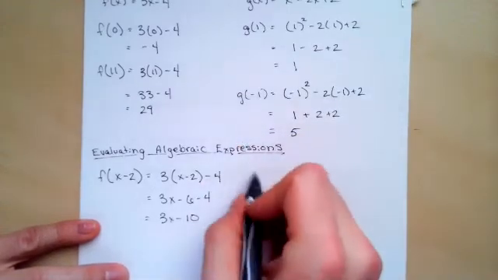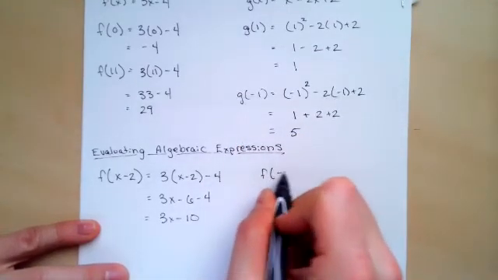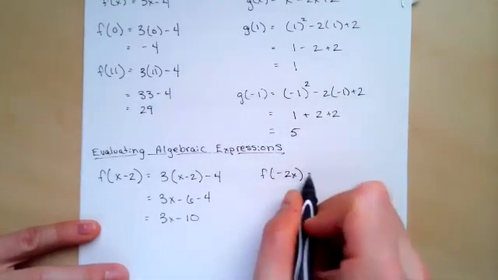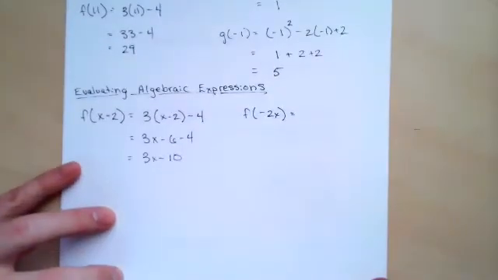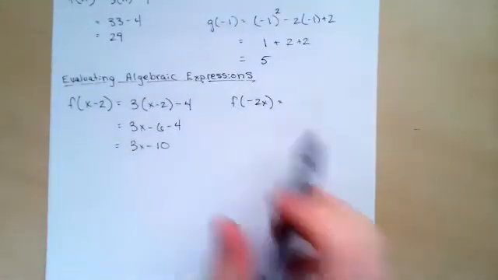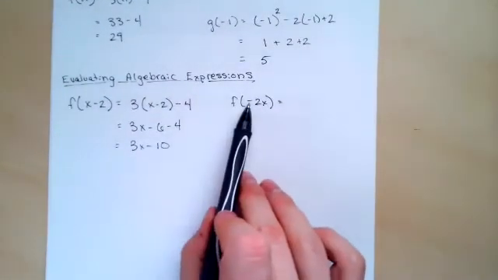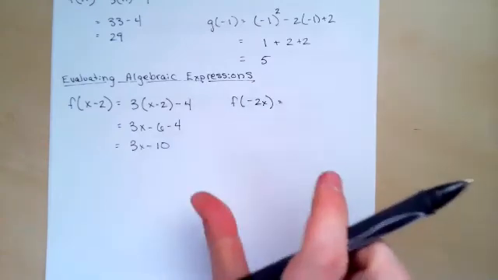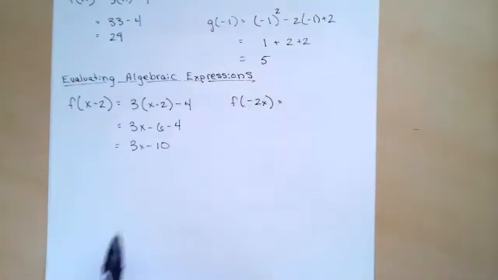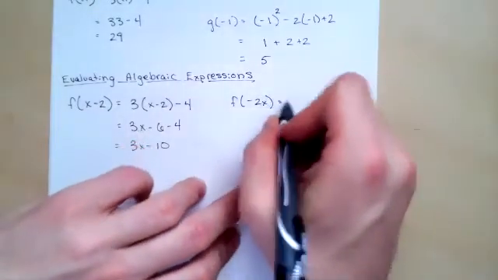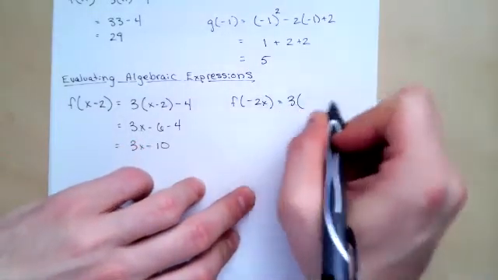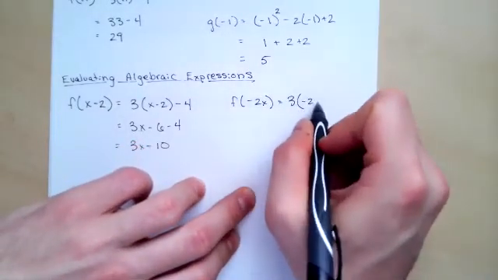Likewise, we can do things like f of, let's say, minus 2x. This corresponds to a horizontal compression by a factor of 2, as well as flipping it horizontally, which is what this negative is going to do graphically. The analytic expression, in for the x, now we're just putting a negative 2x.